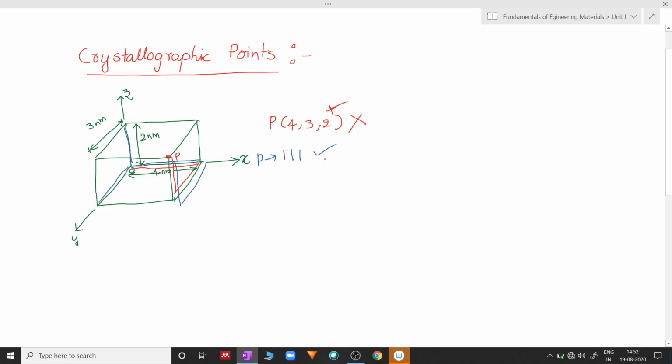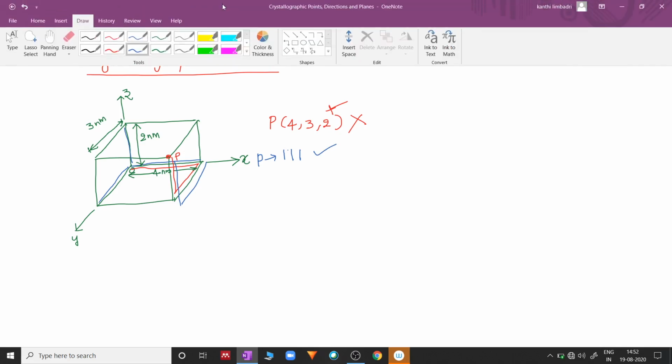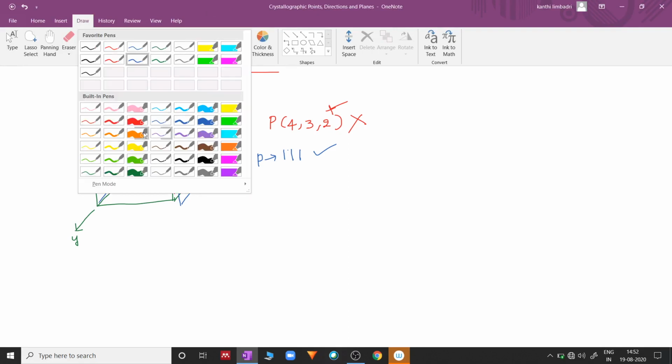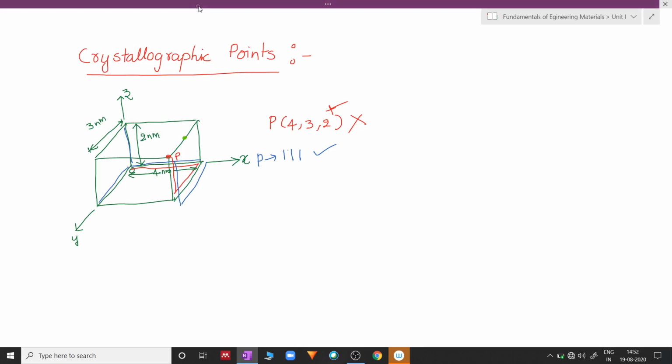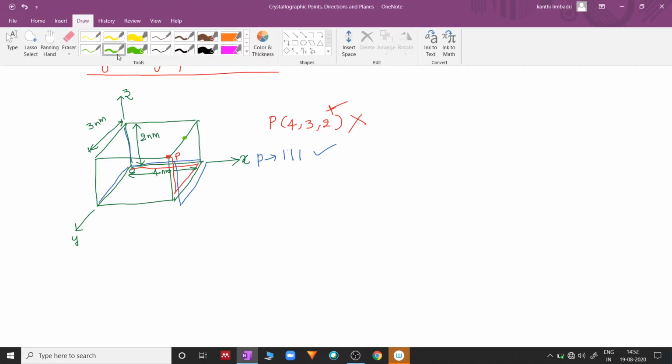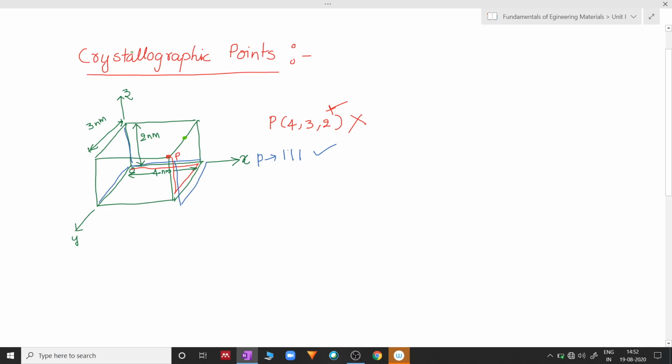Now we will take another point so that it will be very clear. Let us say the point is here. I am taking another point, let us consider that as P2.